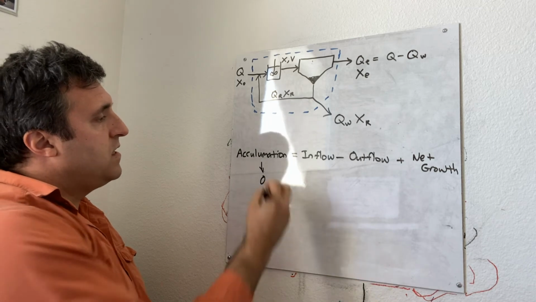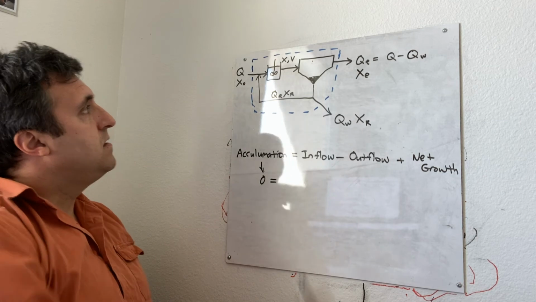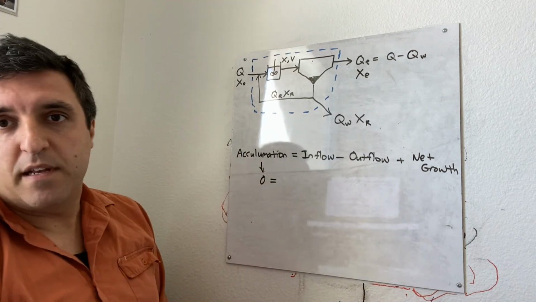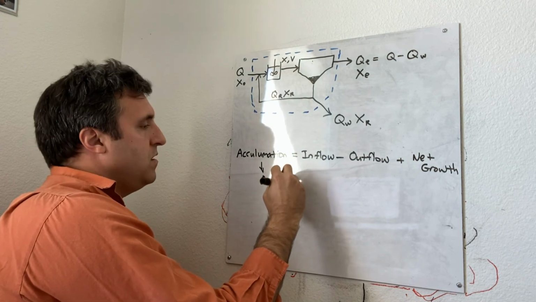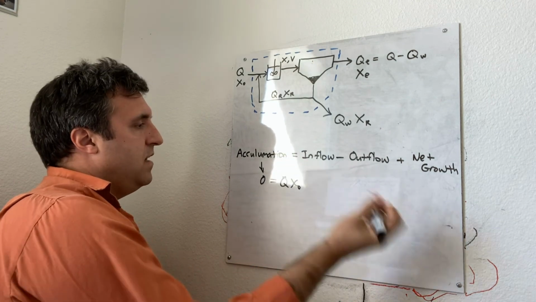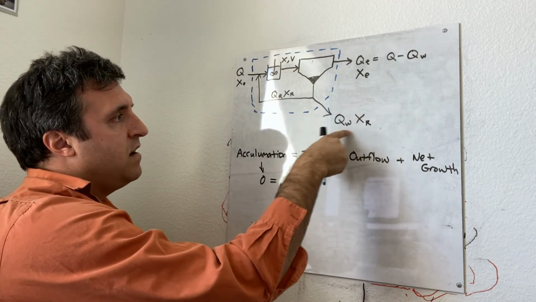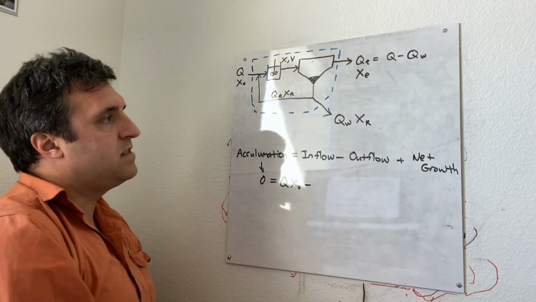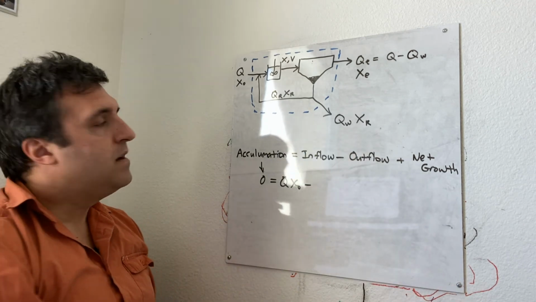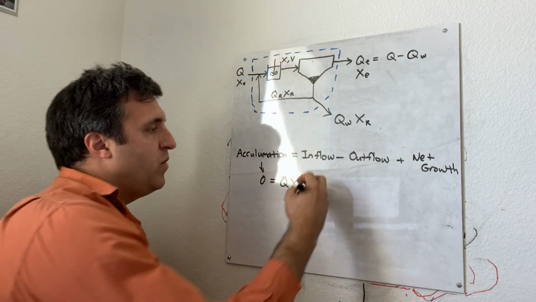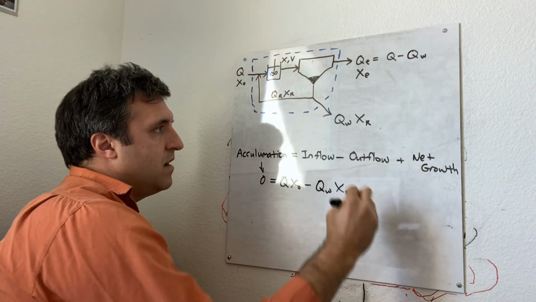All right, so what's coming into the system? That is, in terms of volatile suspended solids, our X variable, Q times X naught. What's leaving the system is QWXR. This is the flow rate of waste sludge and the concentration of biomass within that waste sludge line, so QWXR.